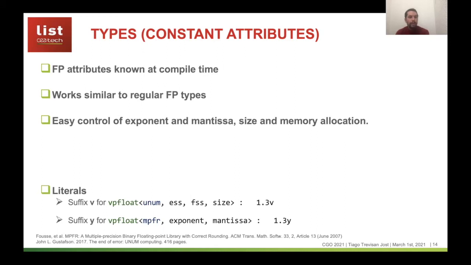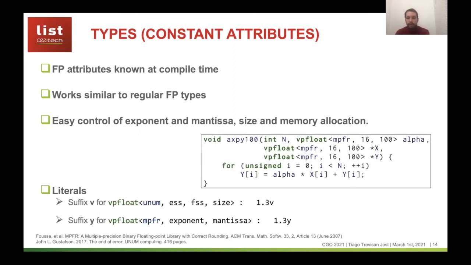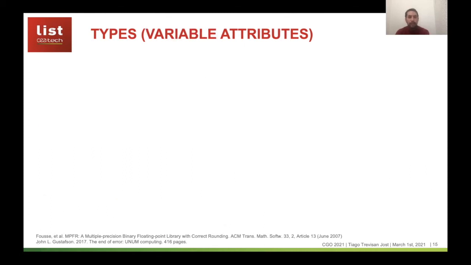The values of literals can be set by adding the suffix v for VP-float Unum and y for VP-float MPFR. This is one of the examples, just like I showed you before, of a declaration with constant attributes. As well, we can define both of the types with variable attributes.